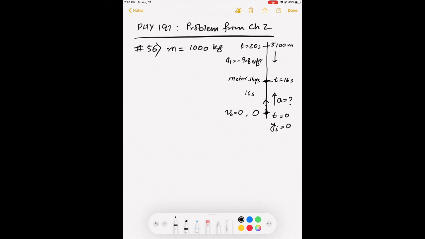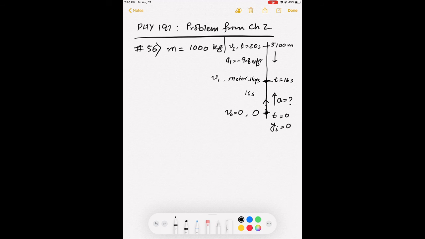So we will also have to probably find out the velocity right here, and we can call that velocity v1, and we can call the velocity of the rocket at the very maximum position v2. Okay, so now we have a picture, we have more information regarding this.